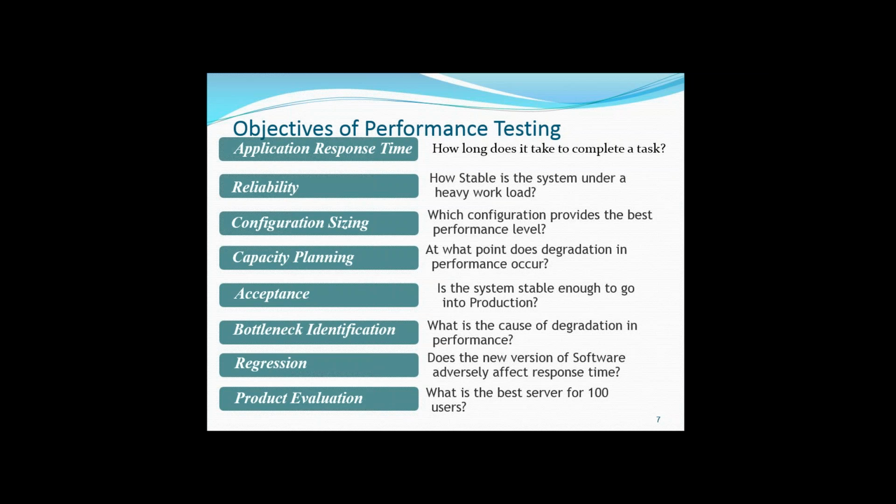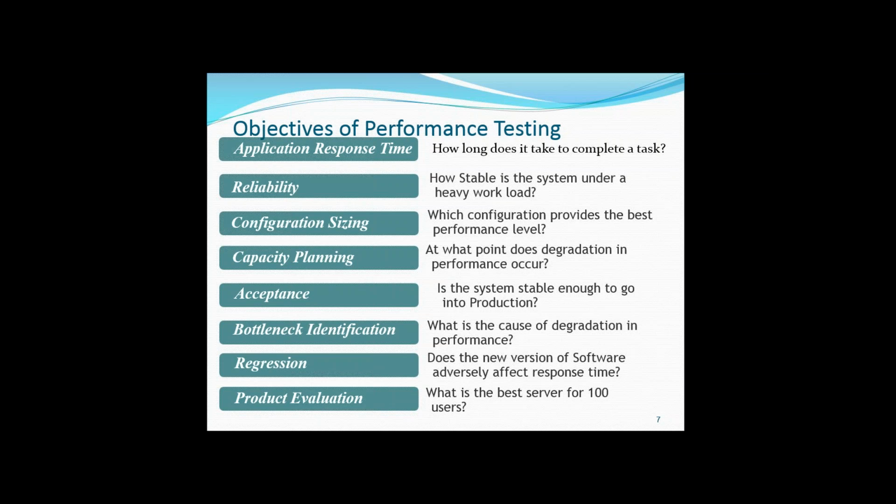And also we have product evaluation and regression. As you know, any newer version, any upgrade, will that affect the response times of the application? That is what we call regression in manual testing as well. I mean, to see whether a particular hotfix is having any bad impact on other existing functionalities which are already working fine.